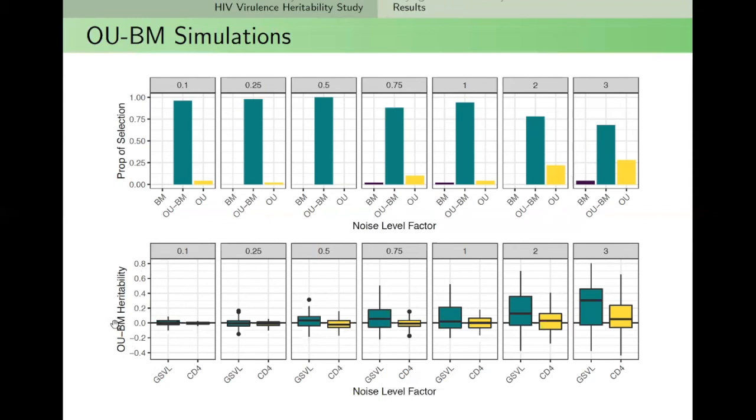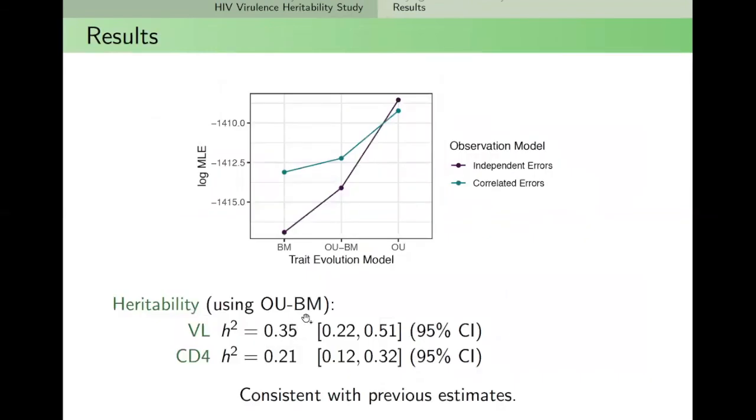And if you look at the heritability estimates, we can see that they are usually overestimated and with a wide confidence interval. And that's not really surprising in a way, because when you have 30% heritability, it means that of all the variance of your data, the tree is only responsible for 30% of it.